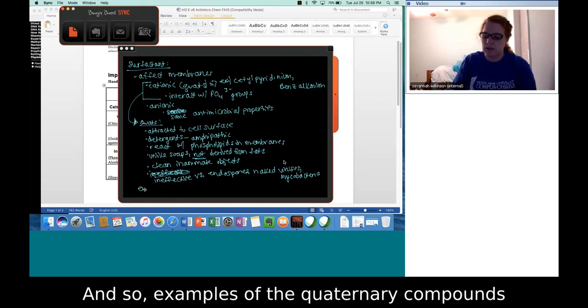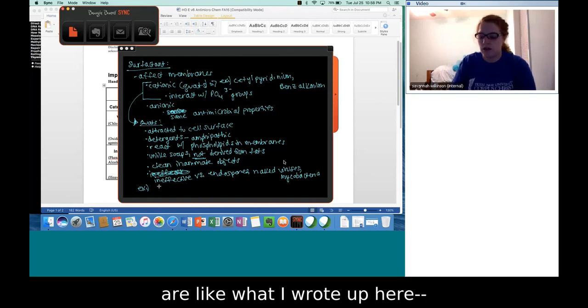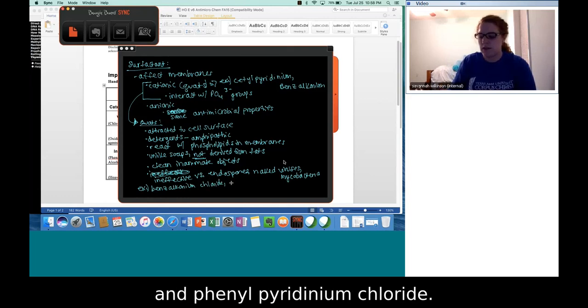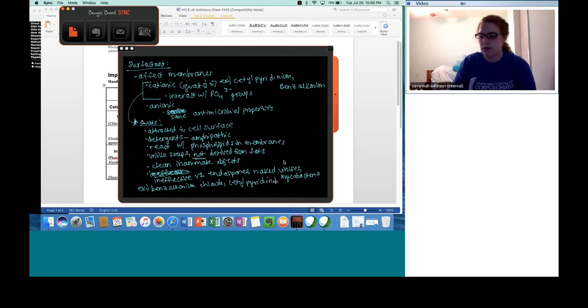Examples of the quaternary compounds are like what I wrote up here, but I'm being a little more specific: benzalkonium chloride and cetylpyridinium chloride. Okay.